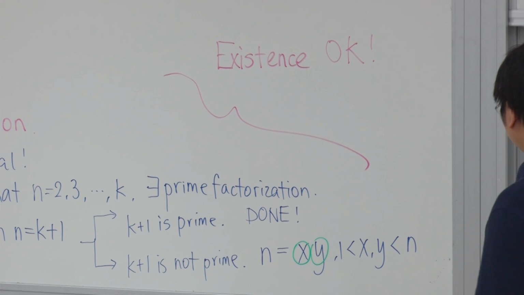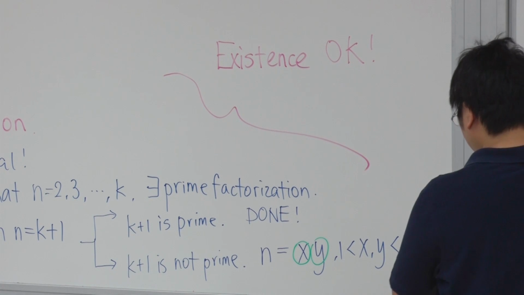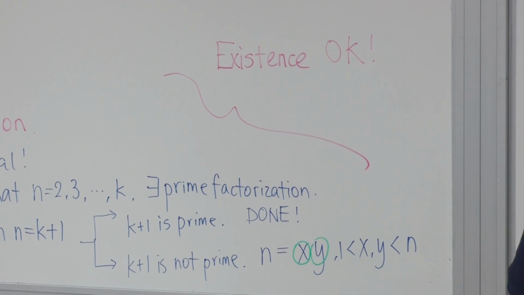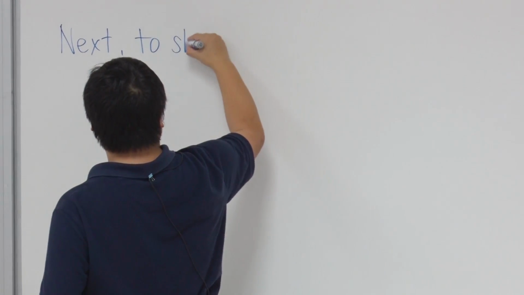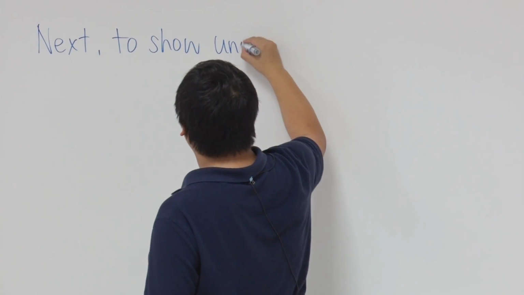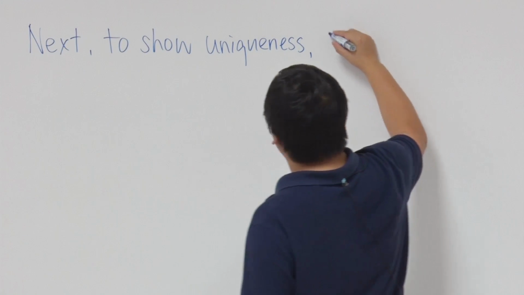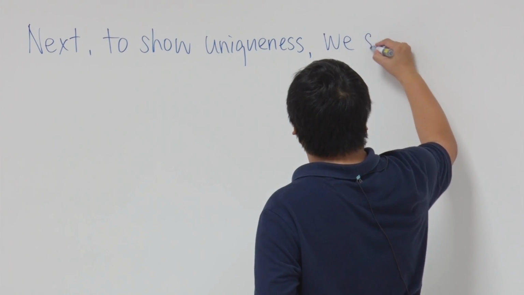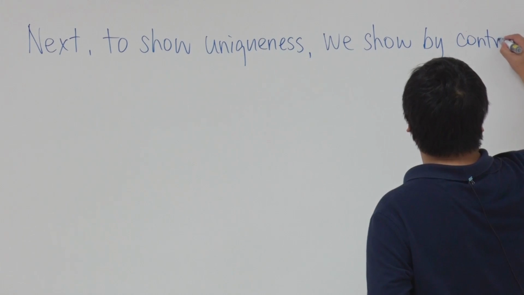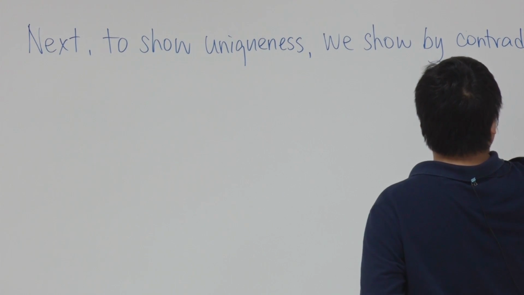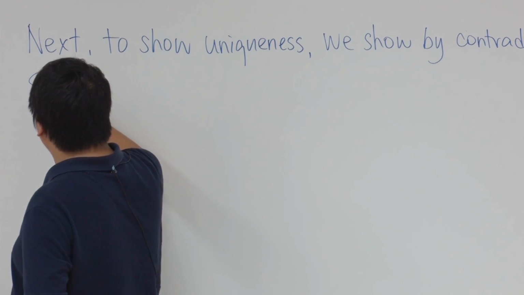To show uniqueness, we prove it by contradiction. So suppose it is not unique.